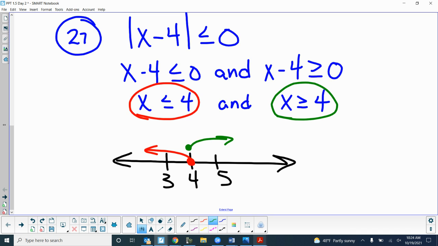So where do the two overlap? What do they have in common? Just the 4, right? So the actual graph correct answer would have been just a dot on the 4, no arrows, because that's where the two overlap.